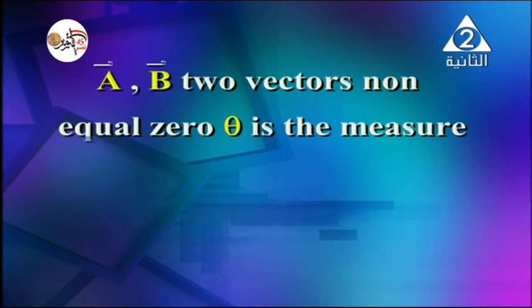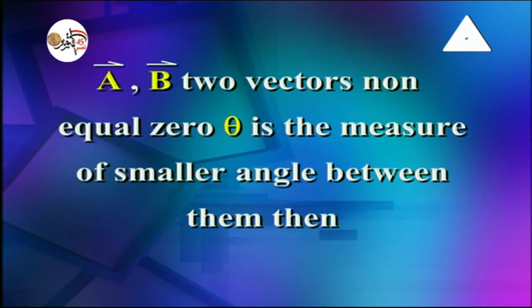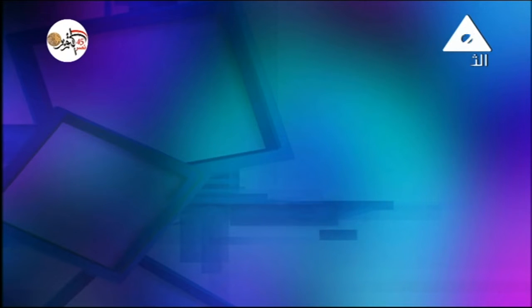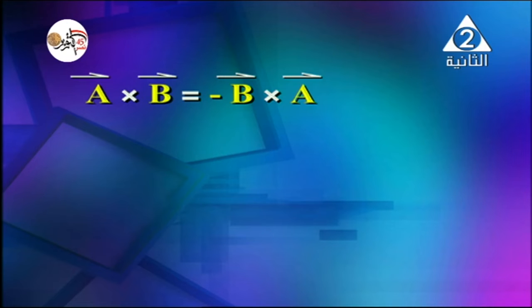Remark, my dear students: if we have A and B, two non-zero vectors, and theta is the measure of the smaller angle between them, what do you deduce?